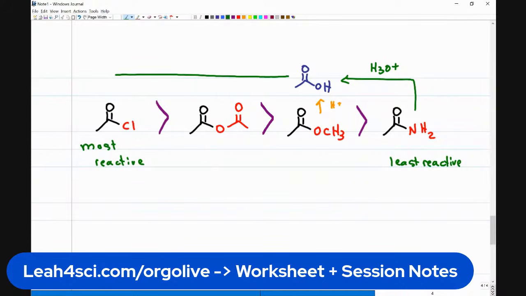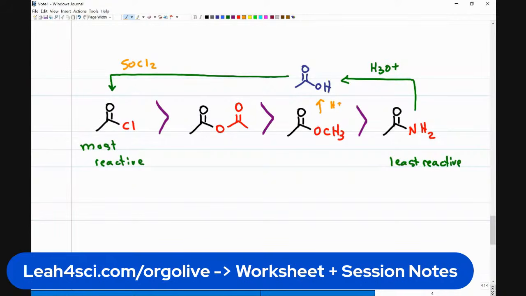You can turn a carboxylic acid into an acid halide, as we'll see shortly, using SOCl2. And that means any derivative that you want to create, just start with something least reactive and go towards more reactive. But if you need to go backwards, turn the amide into a carboxylic acid, turn the carboxylic acid into an acid halide, turn the acid halide into anything else.